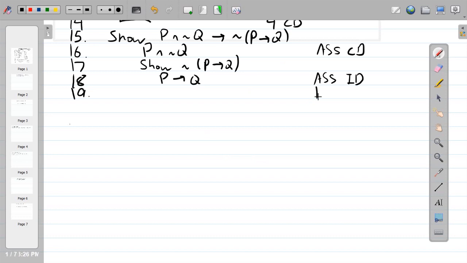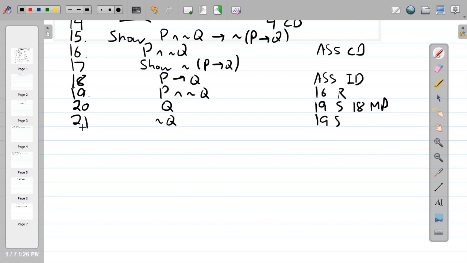So look, I'm just going to pull down 16 repeat, bring it into my subderivation, P and not Q. I'm going to say line 19, simplify, and then I'll simplify off the P. Line 18, modus ponens, giving me Q. Of course, on line 19, simplify, I've got not Q. And hooray, I've done it, right? 20, 21, ID.